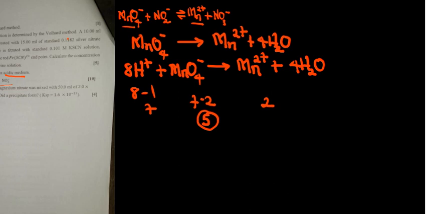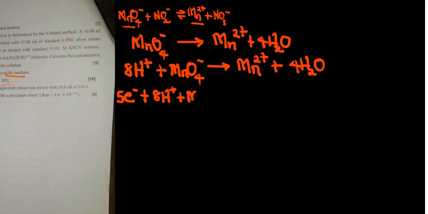So I'm going to erase this off. So 5 number of electrons here. I'm going to say 5 electrons plus the 8 H plus the MnO4. We have that Mn 2 plus the 4H2O.